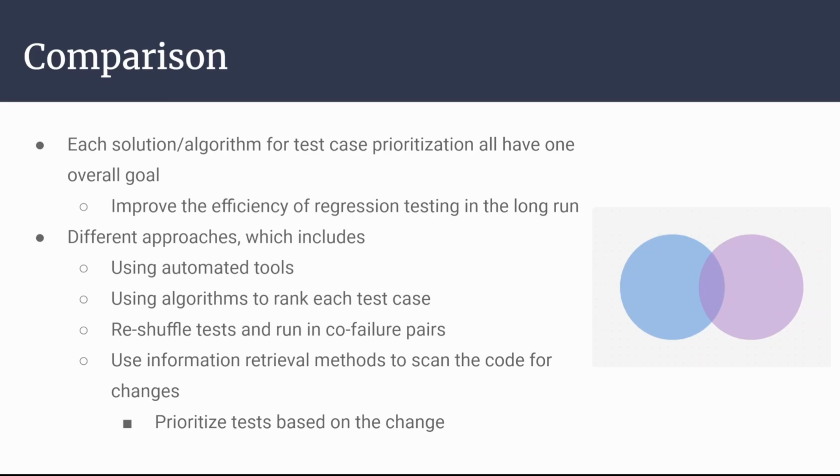And each approach that we talk about includes automated tools, using algorithms to rank each test case, reshuffling the test cases and running them in co-failure pairs, and then using information retrieval methods to scan the code for changes, which then prioritize tests based on these changes and more.